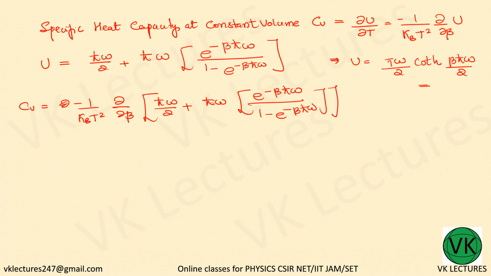So that's it. Let's do the differentiation, dou by dou beta. This h cross omega can be taken out because it is independent of beta, so e to the power minus beta h cross omega by 1 minus e to the power minus beta h cross omega.